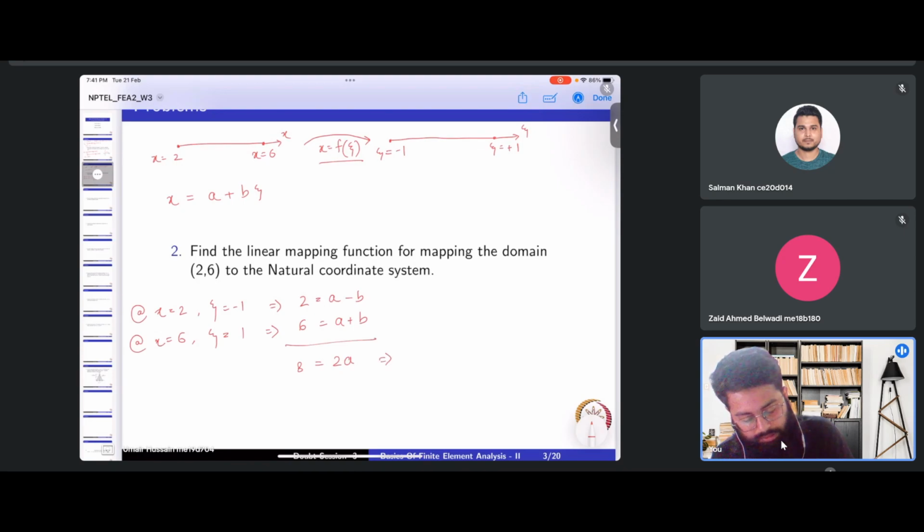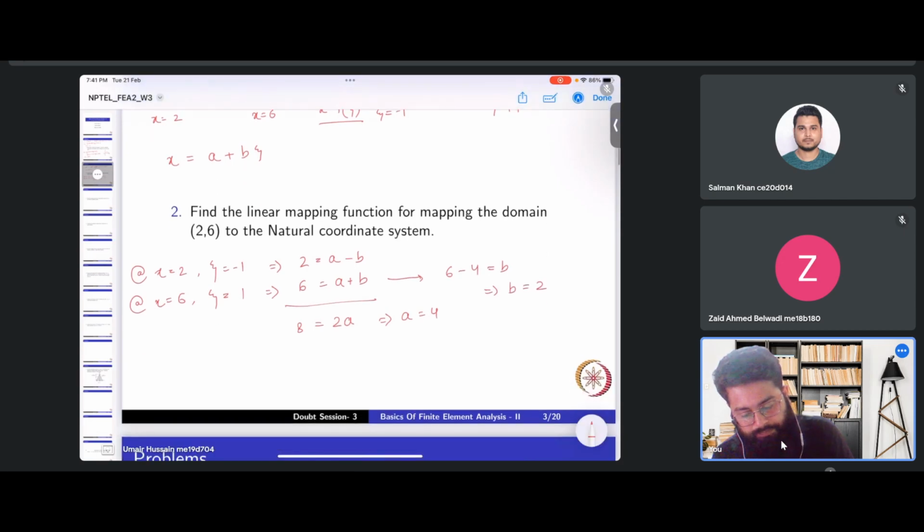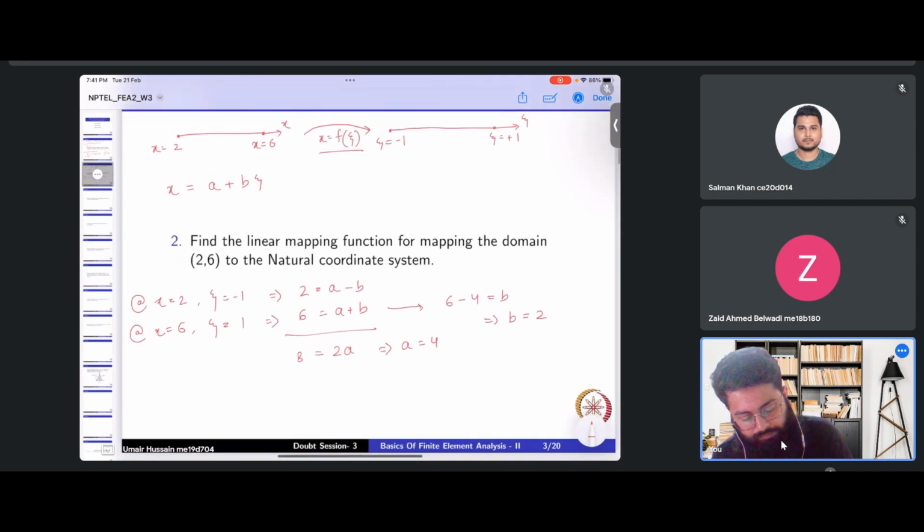This means a is 4. So substitute the value of a here. Get 6 minus 4 equals b. This means b equals 2. So our mapping function becomes x equals 4 plus 2 zeta.